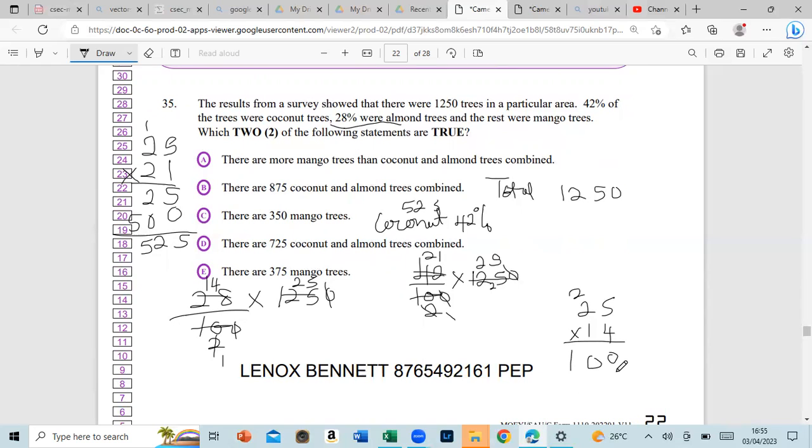All right, so we're going to be multiplying by 10, put a 0, plus. The practice is good for you guys, all right? So that's 350. So we know how many almond trees there are, how many coconuts. So I could put that. So coconut are 525, and we know that almond is 350.